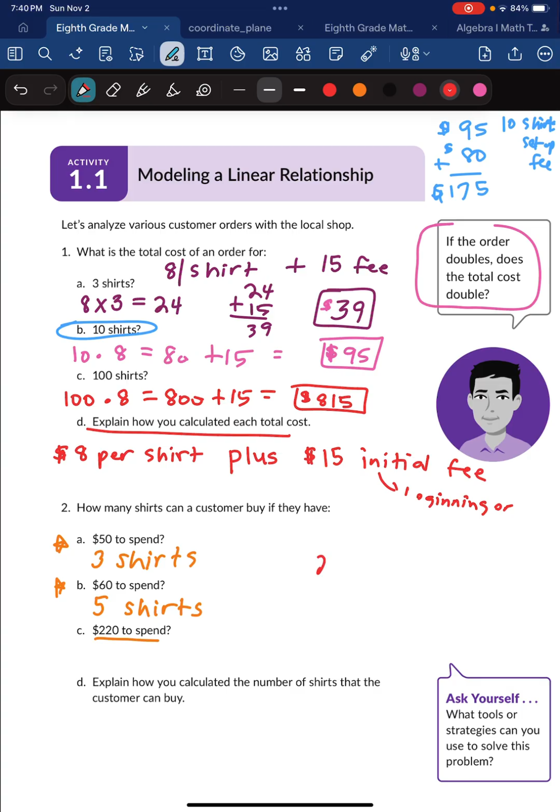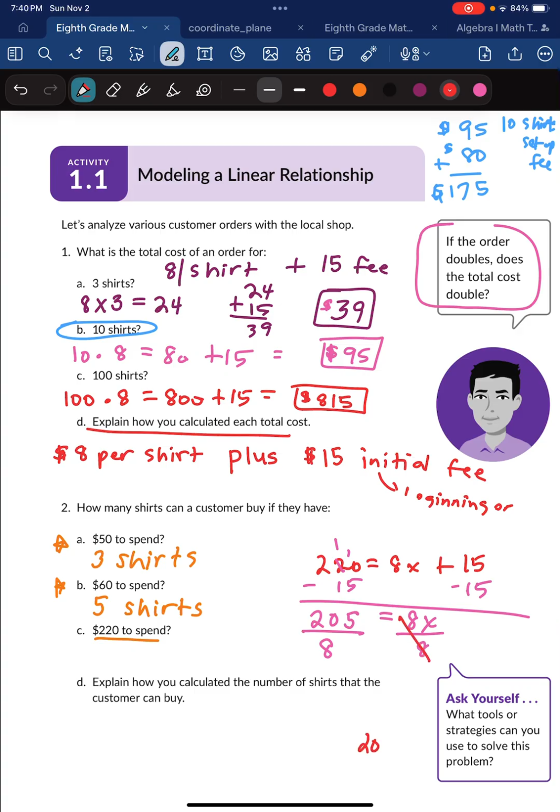Okay, so now I'm going to set up 220 is equal to 8x plus 15. I will take 15 from both sides. And I'll get 205 is equal to 8x. So now I'll divide both sides by 8. This gives me my invisible 1. And I'll take 205 divided by 8. 2 times 8 is 16 with 45 left over. So I can put that in 6 times. No, I'm sorry.